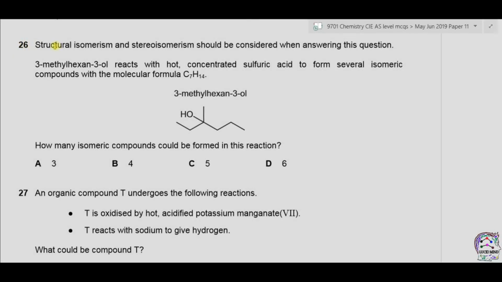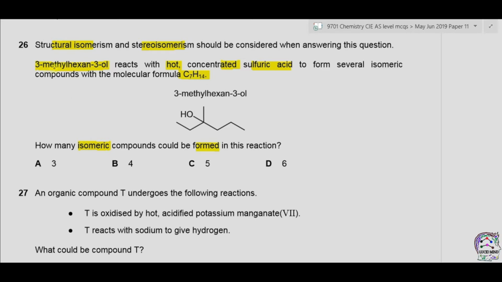Question number 26. Structural isomerism and stereoisomerism should be considered when answering this question. 3-methylhexane-3-ol reacts with hot concentrated sulfuric acid to form several isomeric compounds with the molecular formula C7H14. How many isomeric compounds could be formed in this reaction?